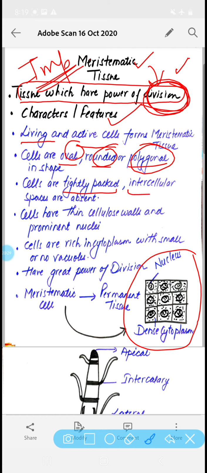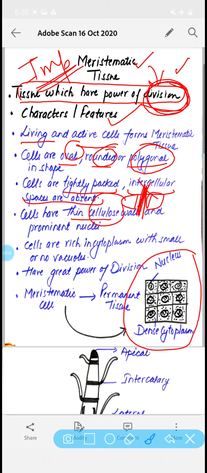In between them intercellular spaces are absent. Intercellular मतलब दो सेल्स के बीच का जो स्पेस होता है वो इसमें प्रेजेंट नहीं होता, because the cells are tightly packed. Okay, now each cell that is present in the meristematic tissue has a thin wall which is made up of cellulose.